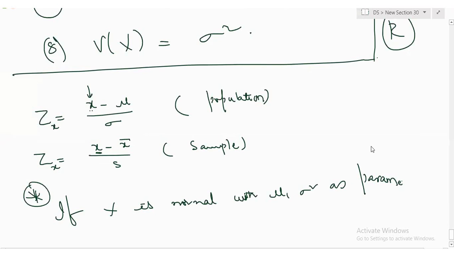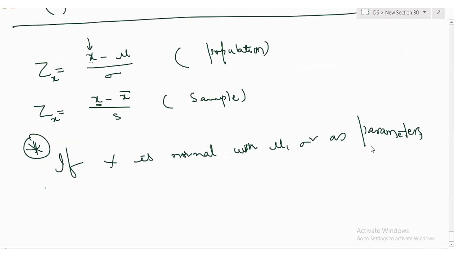Parameters. Z also follows normal with 0 as a mean and 1 as a standard deviation. I mean the variance. Very, very important.